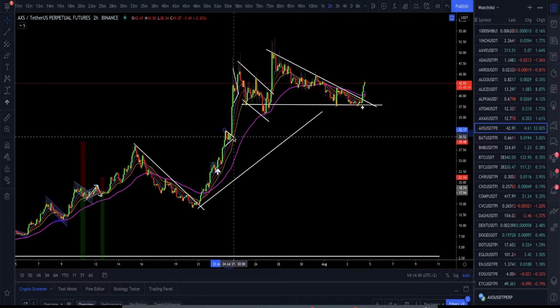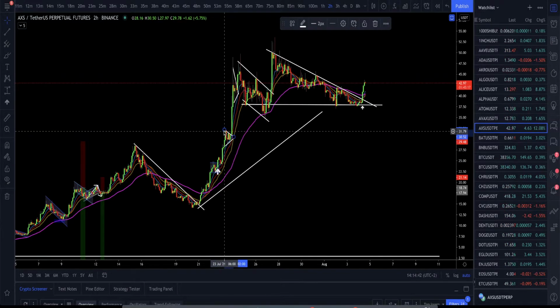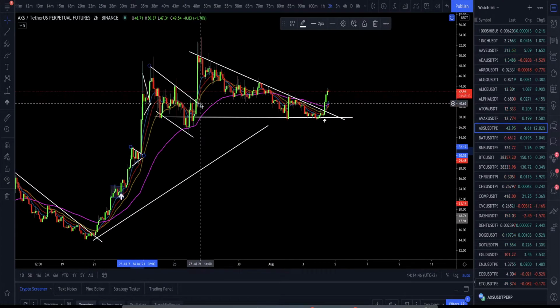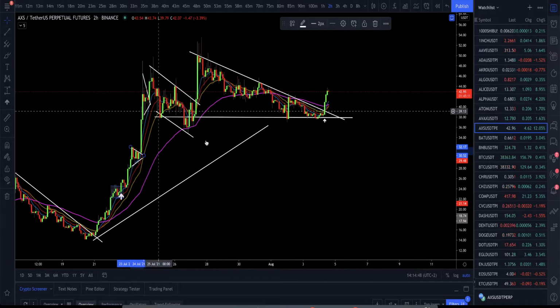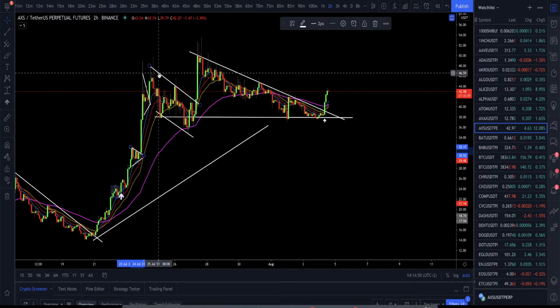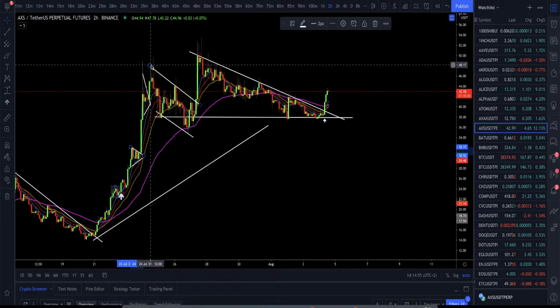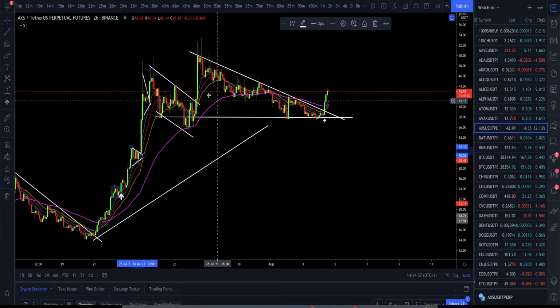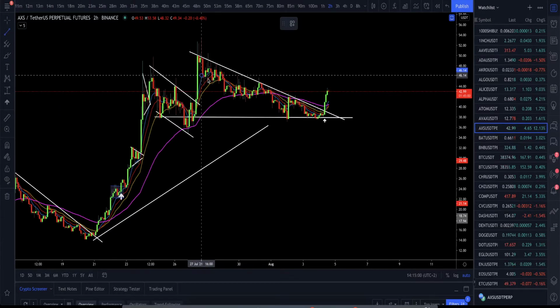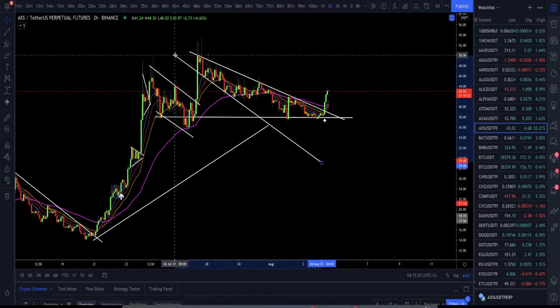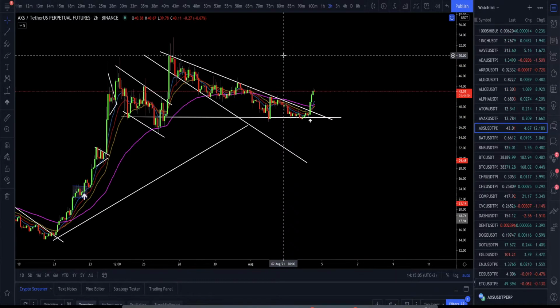This triangle break or a trend line break, it doesn't matter. And you can see the trend line. I have used it as a channel or the bullish flag, or call it whatever, but it is a trend line. So you can use it as a reversed triangle as well, or reversed wedge.